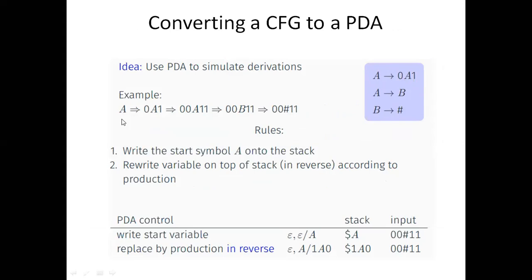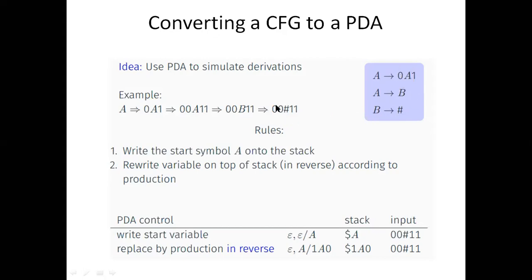Here capital A, which is the start symbol, can be replaced by 0A1, and from this A we again derive 00A11. Then this A is replaced with B using this particular rule, and finally this B is replaced with the terminal hash. So finally this is just one of the strings derived from the grammar of this particular language.